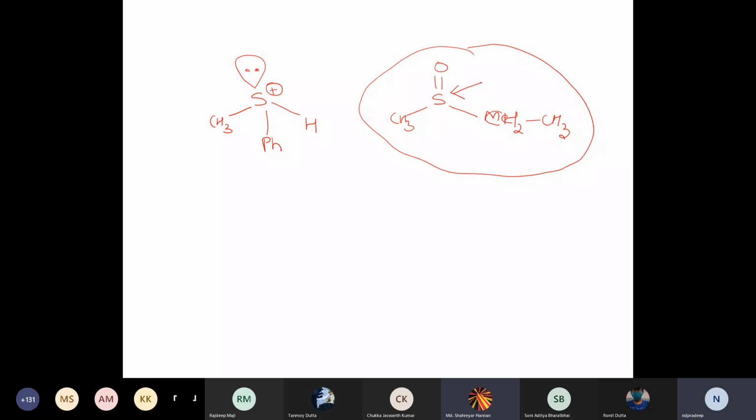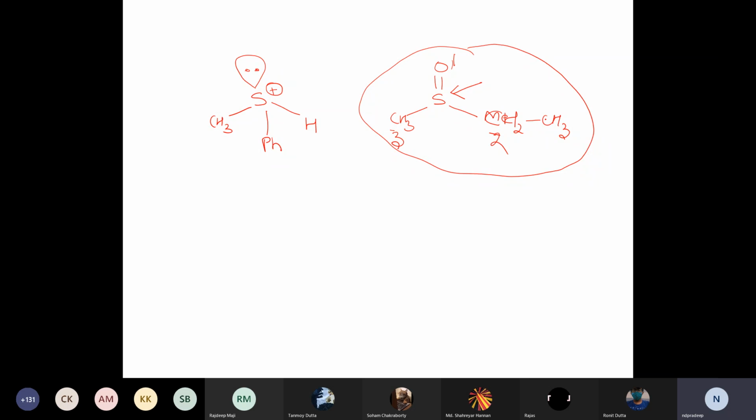The rule says that it should have different substituents, right? It has a different substituent: 1, 2, 3.